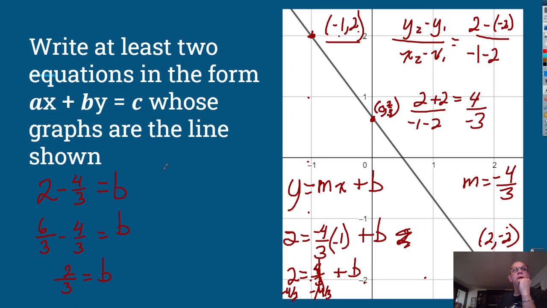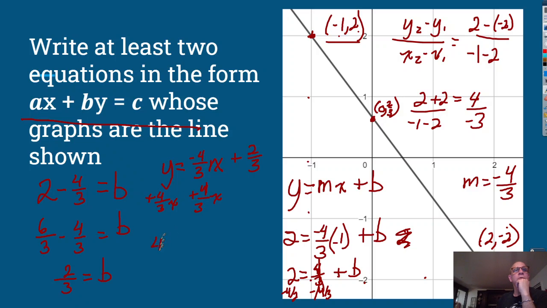So my equation for this line, my slope-intercept form of the equation, is y equals negative 4 thirds x plus 2 thirds. I want to put this into standard form, so I have to add 4 thirds x on both sides.